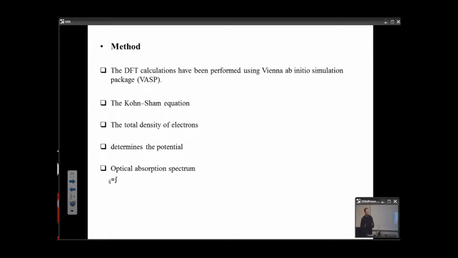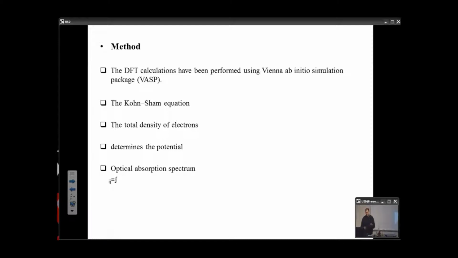Okay, so first of all, if we combine this calculation with the theoretical study, we should remember the Kohn-Sham equation, which gives you the kinetic energy, the potential, the energy of the orbital, and the total density of electrons, and how it depends on the orbitals.